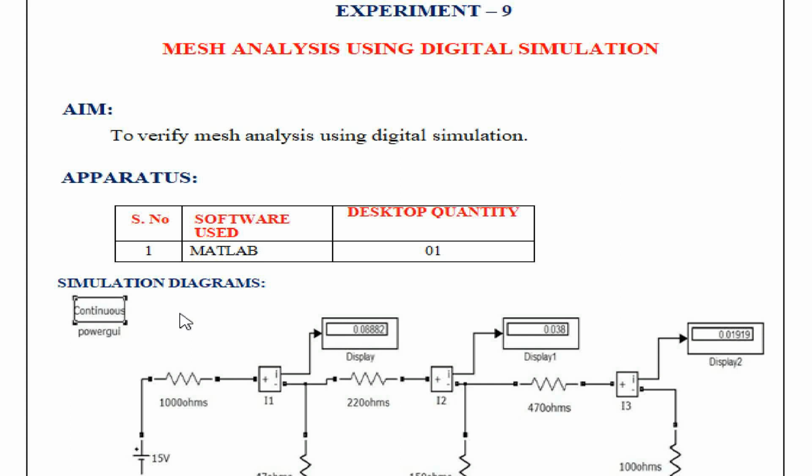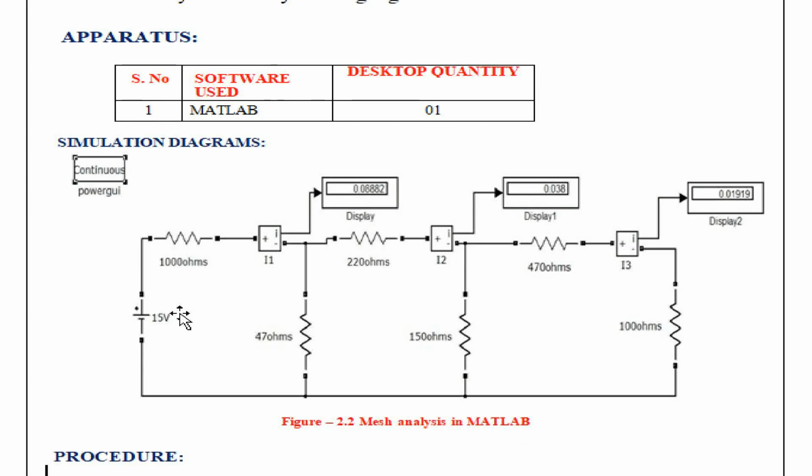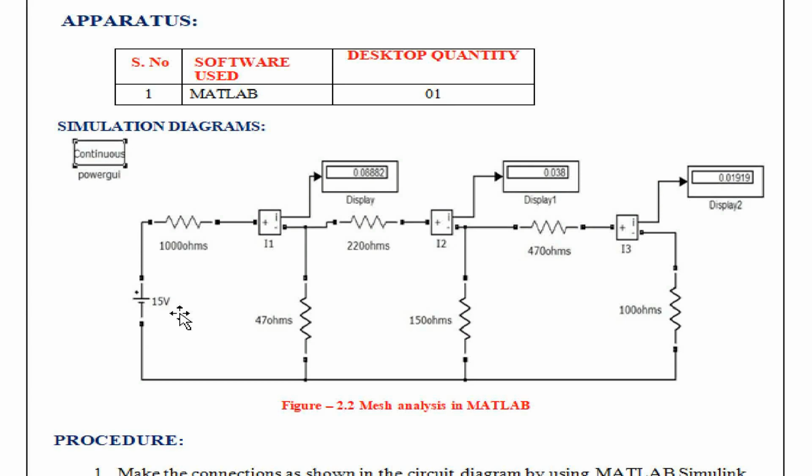This is your simulation diagram, which includes some resistors and ammeters, which are used to record the current flowing in the loop. Here we have used 6 resistors: 1000 ohms, 47 ohms, 220 ohms, 150 ohms, 470 ohms and 100 ohms. And 3 ammeters are connected in the circuit to record loop currents.